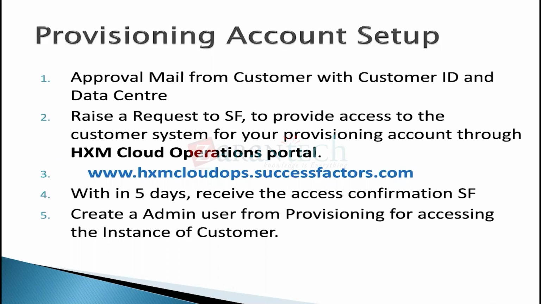We are approving Mr. Naresh to work on the performance management module in our project. That way, there should be an approval statement from the client side project manager approving you to access their system and work on their project. So that approval email is what we have to take from the client. Second, in that email, we also have to get the information about the customer ID.